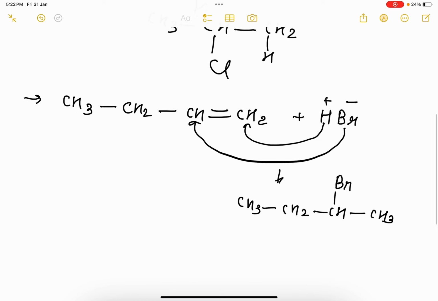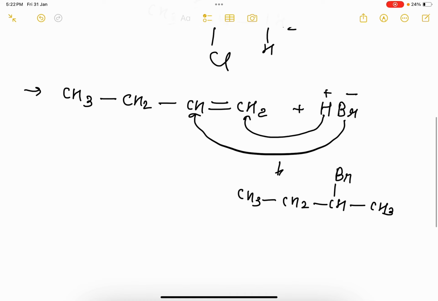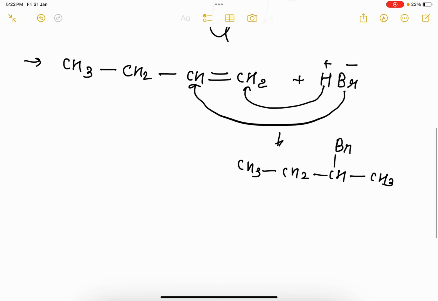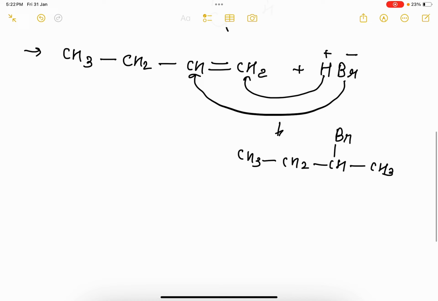In case there are any chances for rearrangement, we can do the rearrangement, and about the rearrangement we have already discussed. So if there is a chance for rearrangement, we can absolutely do it. Suppose there is an example CH3-CH(CH3)-CH=CH2.